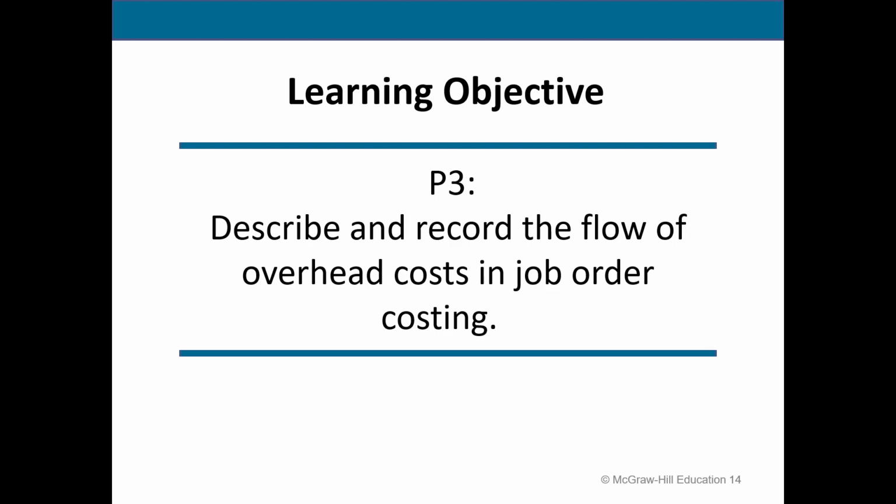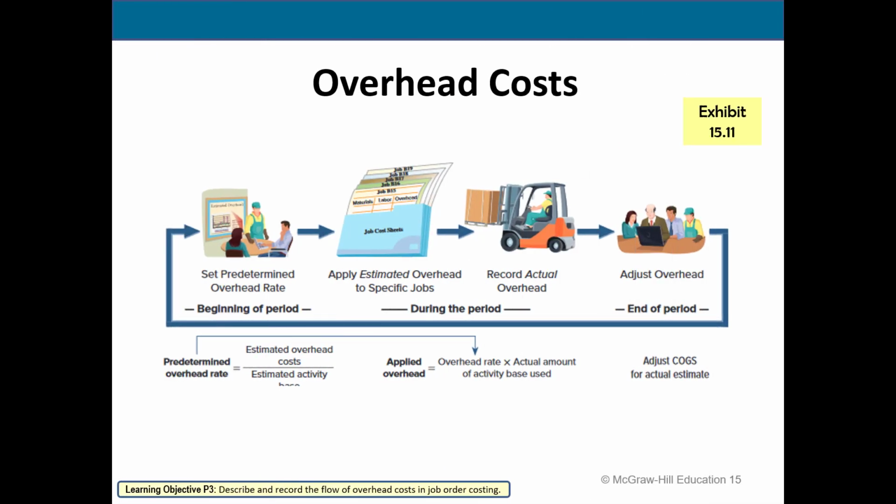We'll look at overhead costs next. What we want to do with overhead is estimate an amount so that we don't have to wait for all of the overhead costs to come in in order to assign a cost to a job that's completed. So we want to estimate the total overhead costs for the next period.